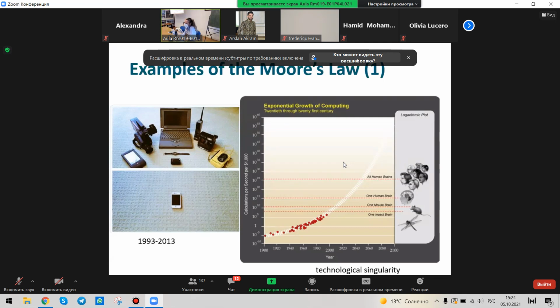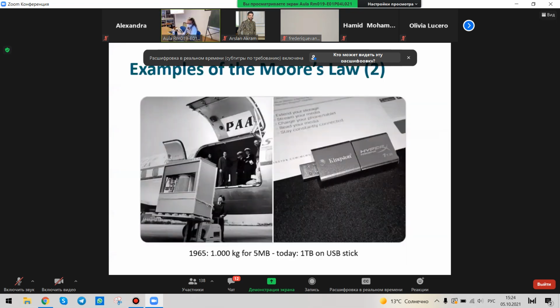This is why it's called singular, because it is of course a process that is quite important and singular again, okay? So another example of Moore's law, so this means the more the technology evolves according to a power law, the more we can see the effects.